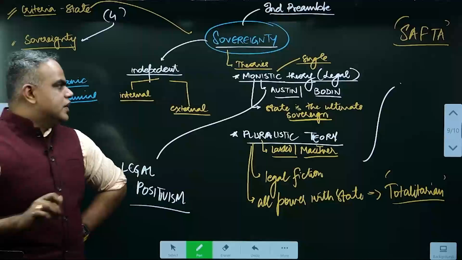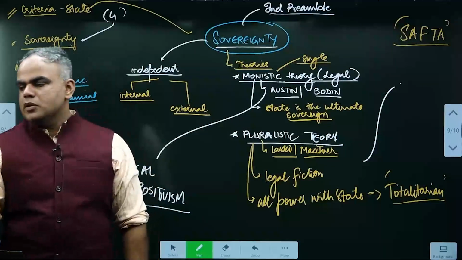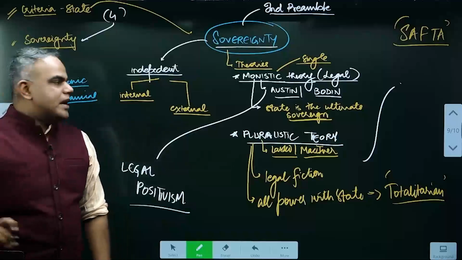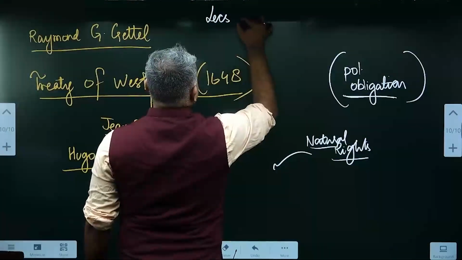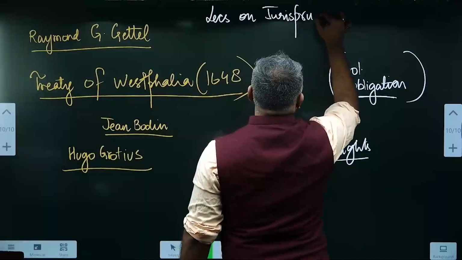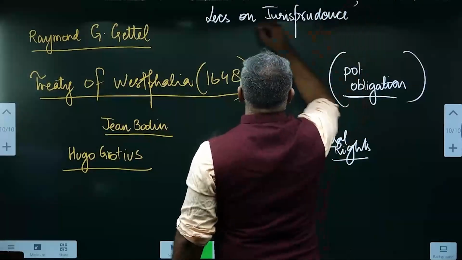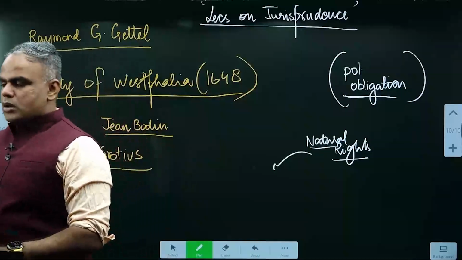Okay. Now, we have not written yet, but write the name of the book of John Austin. Please write the name of the book, right? The name of the book is Lectures on Jurisprudence. Lectures on Jurisprudence is the name of the book.